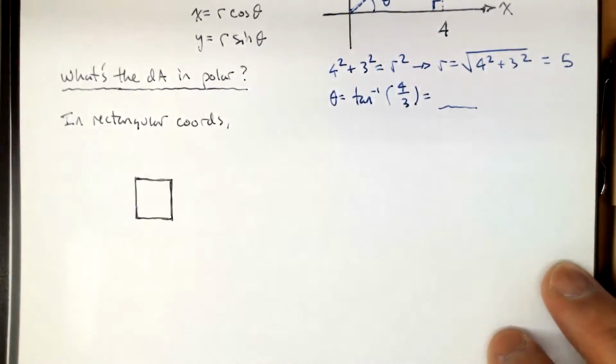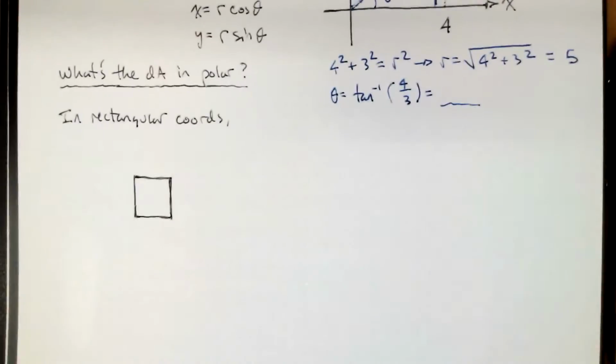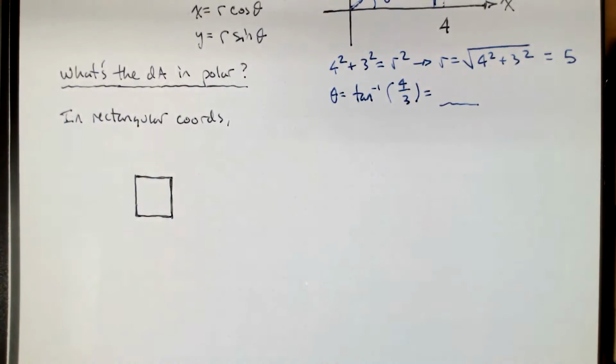So the dA that we're using is some small change in x multiplied by some small change in y, making some small area.